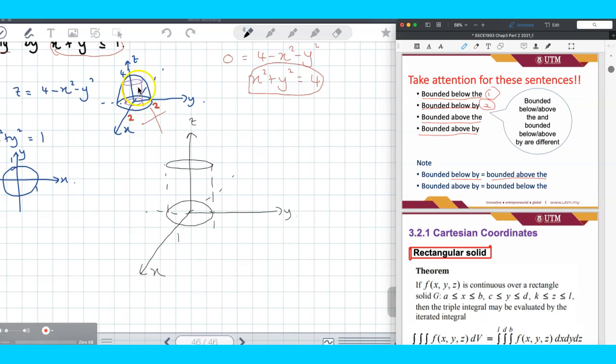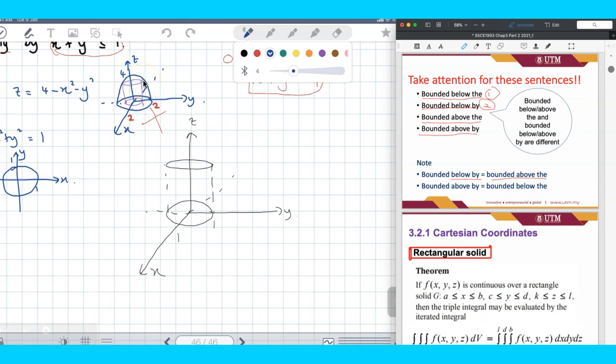Then you can see your cover is not flat, right? It is part of the blue bowl, which has radius 2 when z equal to 0. So this is actually your solid.